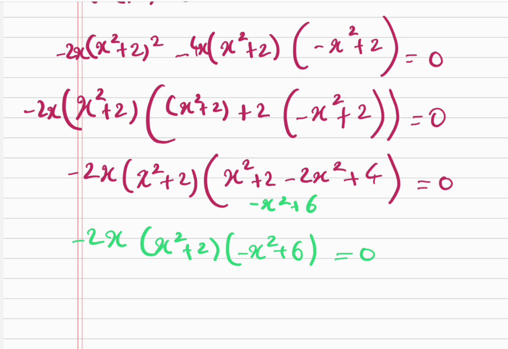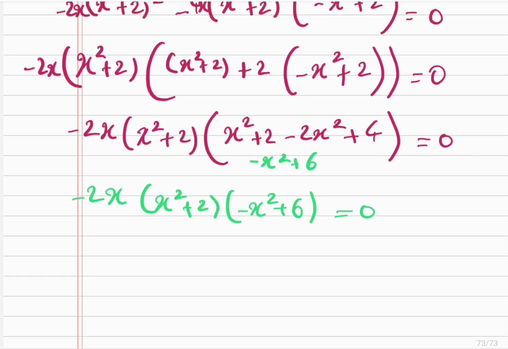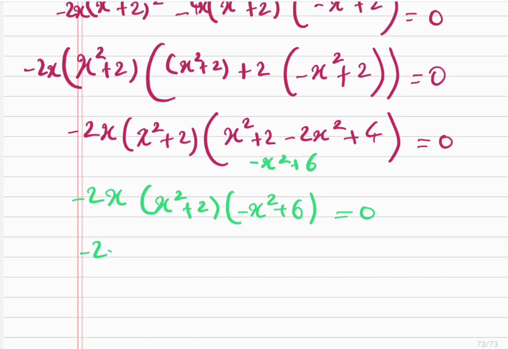All right, now we have 3 different sort of brackets, and we need to set each of them equal to 0 in order to solve this equation. For the first term, which is minus 2x is equal to 0, then that means x is equal to 0 is one of the solutions.